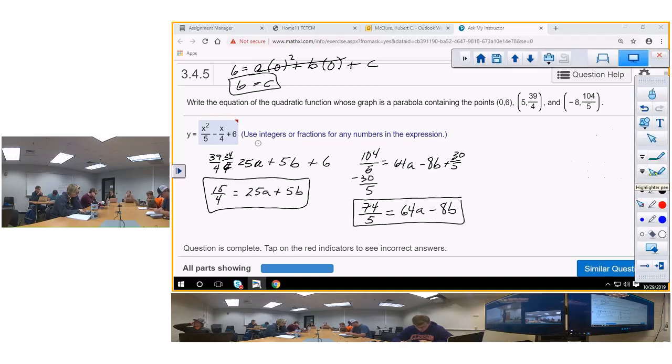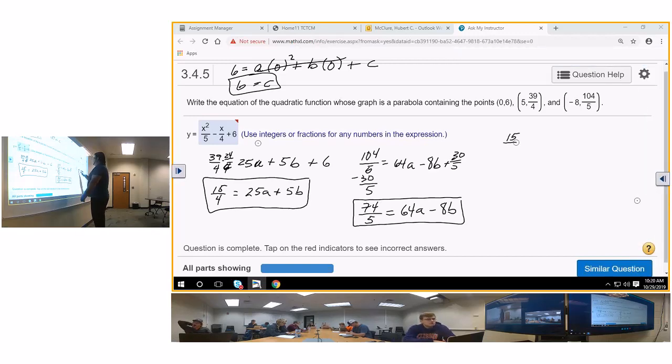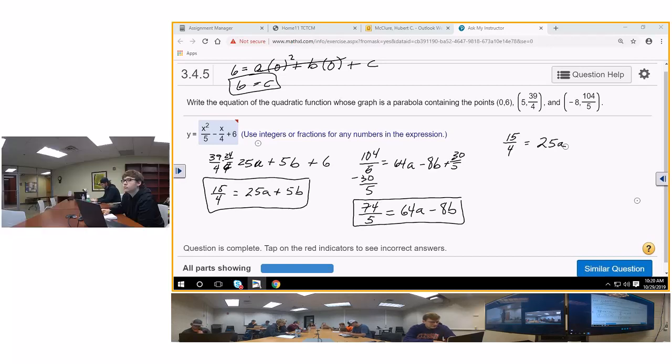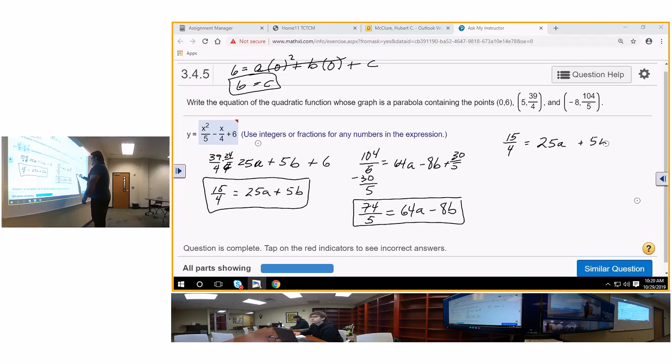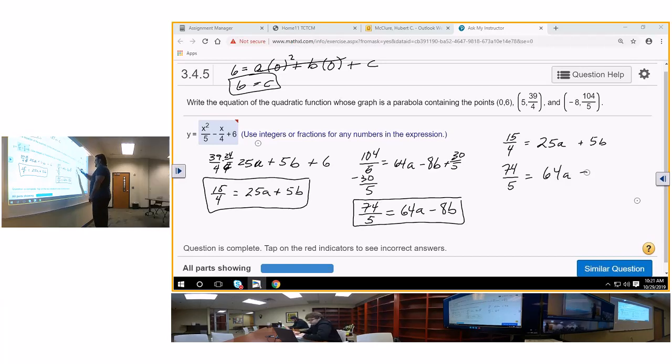And I get 15 over 4 equals 25A plus 5B. And then 74 over 5 is equal to 64A minus 8B.